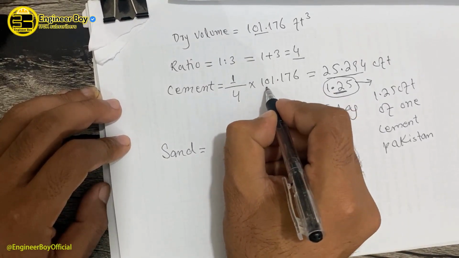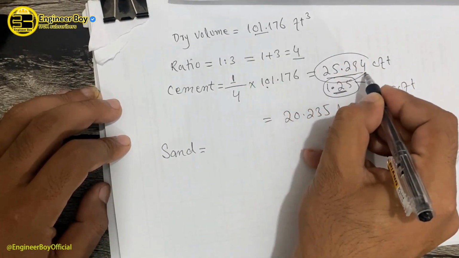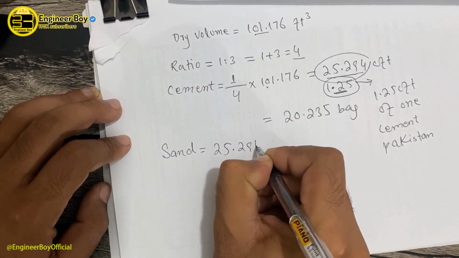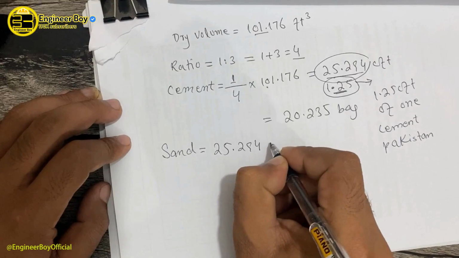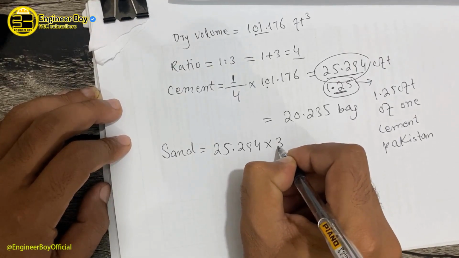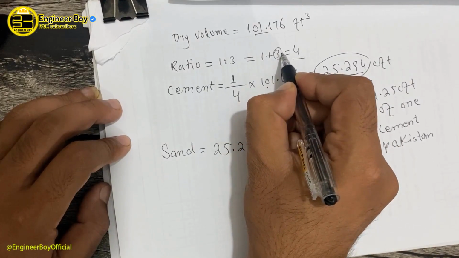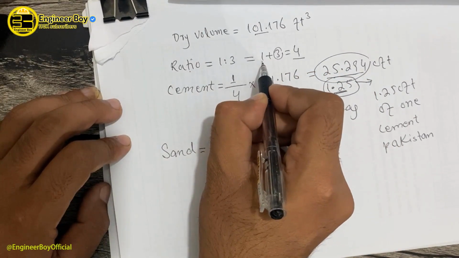Remember, we have the quantity of cement, which is 25.294. We can multiply that with 3, because the quantity of sand is 3 times that of cement.